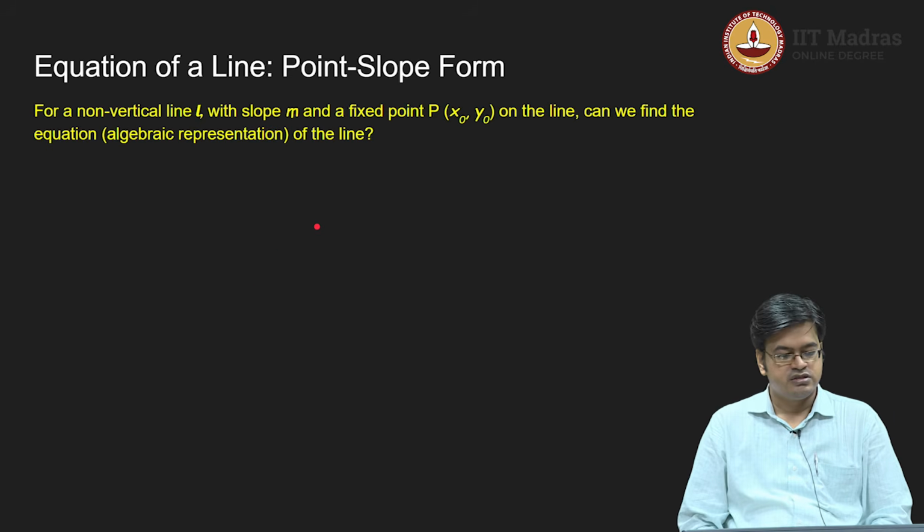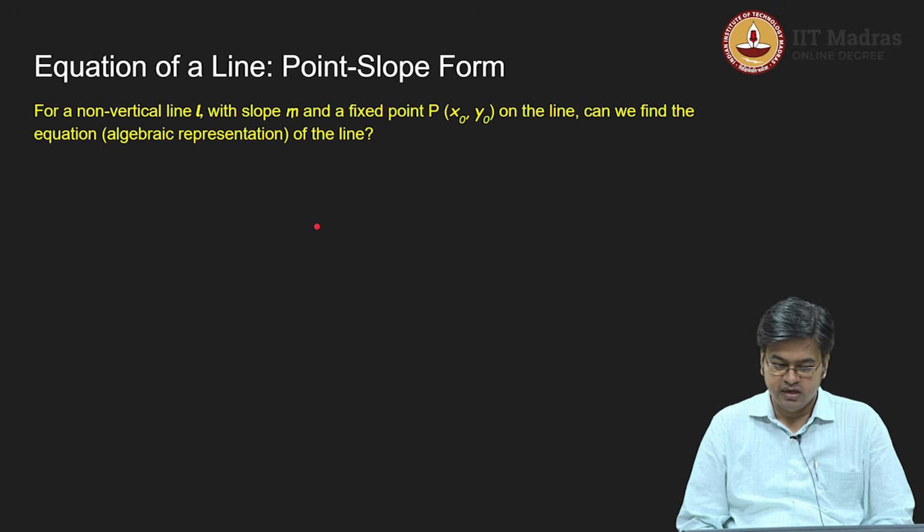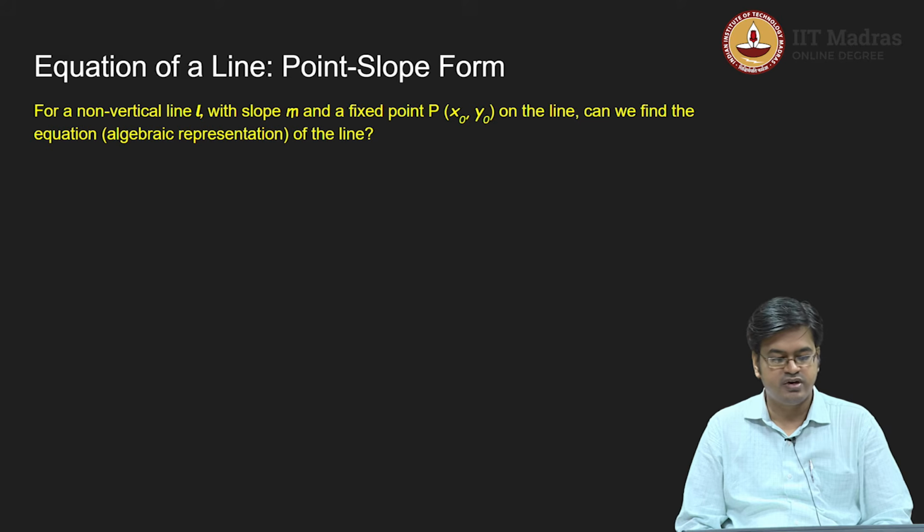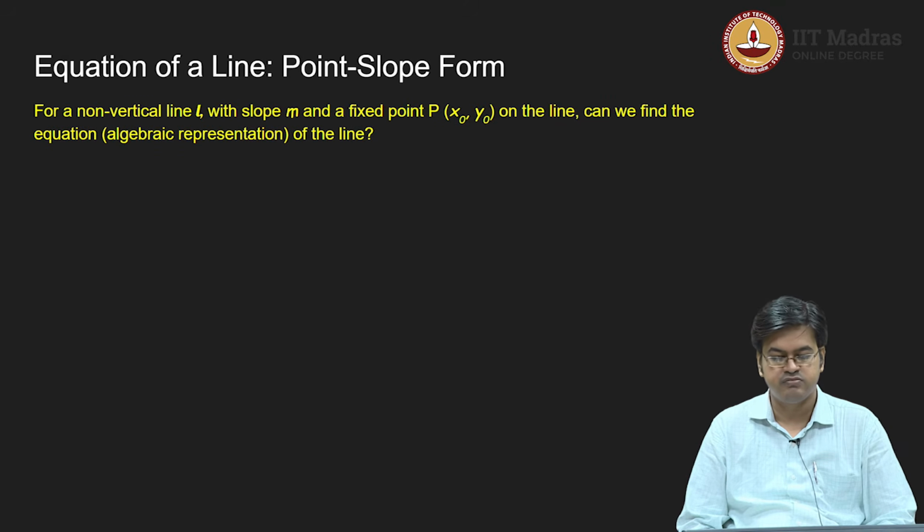So the question is, for a non-vertical line L, we don't have to consider the vertical line because its slope is not defined. For a non-vertical line L with slope m and a fixed point P(x0, y0) on the line, can we find the equation, the algebraic representation of the geometric object that is the line? What do we know?